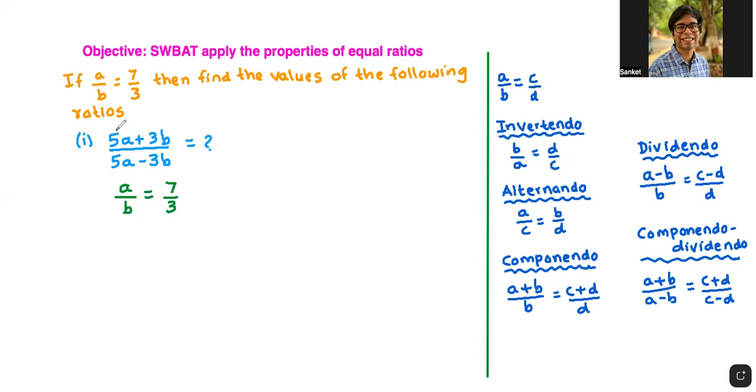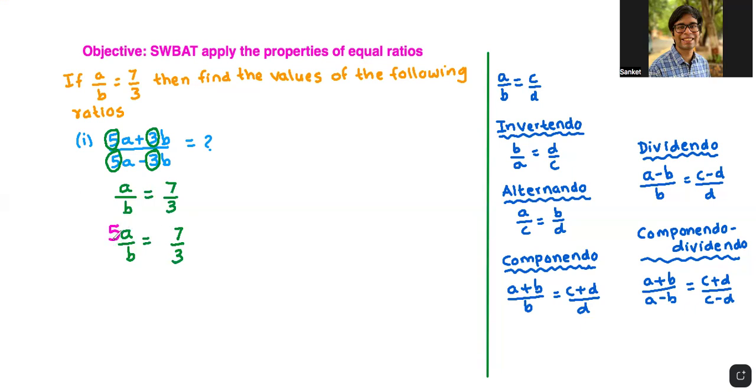I can see that over here A is multiplied by 5, and I can see that here B is multiplied with 3. So if I want to get it in this form, I need to multiply A with 5 and B with 3. So let's do that first. I'll multiply A with 5 here on the left hand side.